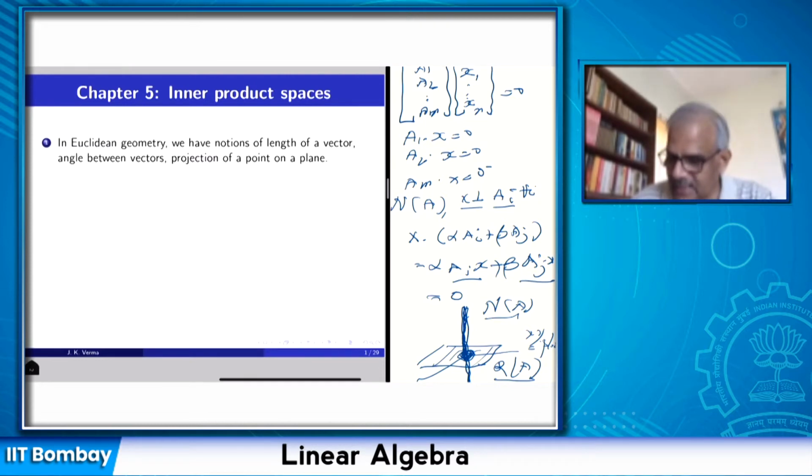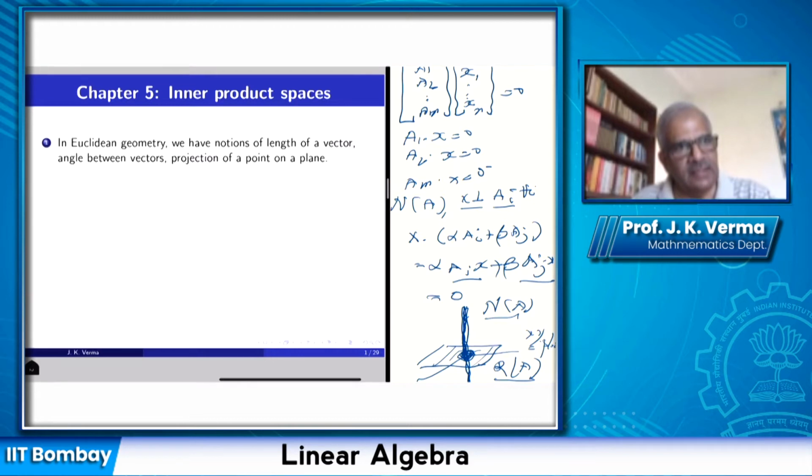And if you go to the right, that is, go to the codomain, then we have the column space and the null space of A transpose. Column space of a matrix is really the row space of A transpose.